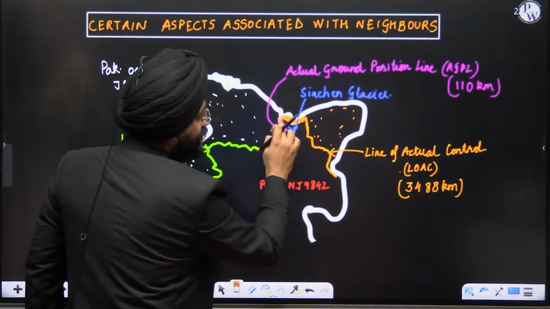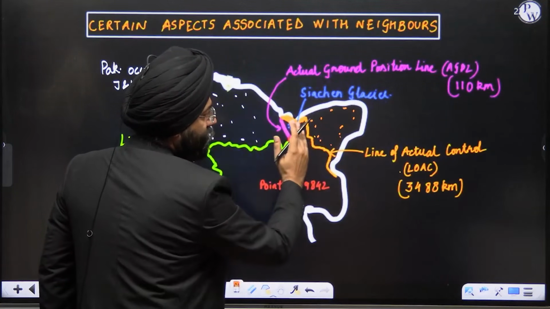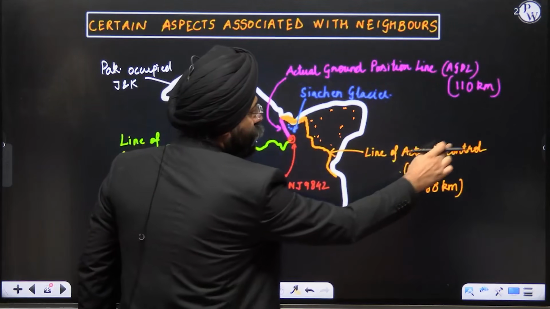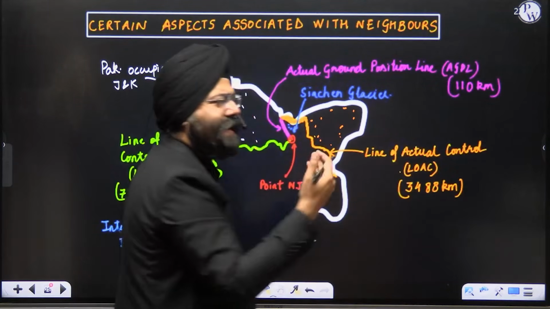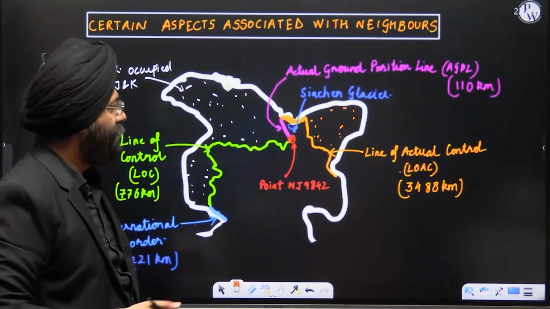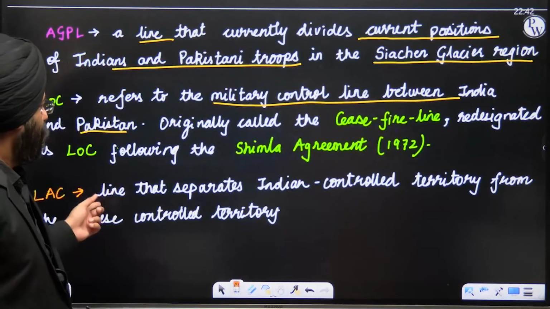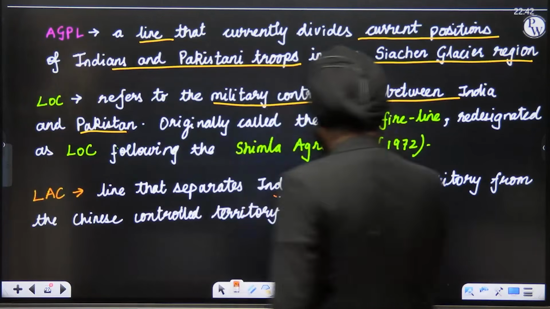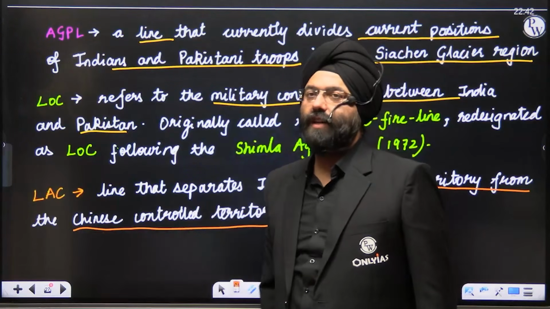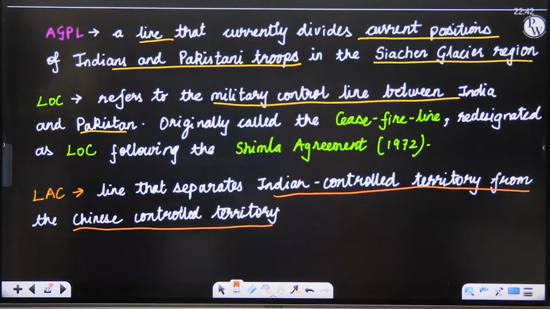Now, this particular line which is separating the territory occupied by China and the one in the Indian gamut is known as the line of actual control, LOAC or LAC, which is 3488 kilometers. Clear? Let's move ahead. So the line that separates Indian controlled territory from the Chinese controlled territory is what LAC is.